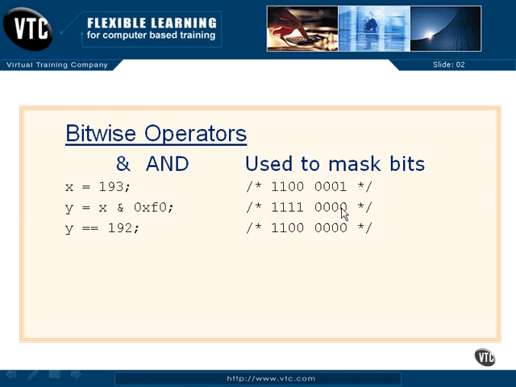And down here, we're not masking these. We don't want to see those, so this one does not come through. So we only get whatever bits were set in the high order nibble of our byte of 193. So here we have ANDed with F0, and our result will be 192, which is 128 and 64. That's these two high order bits right here. So that's a bitwise AND.